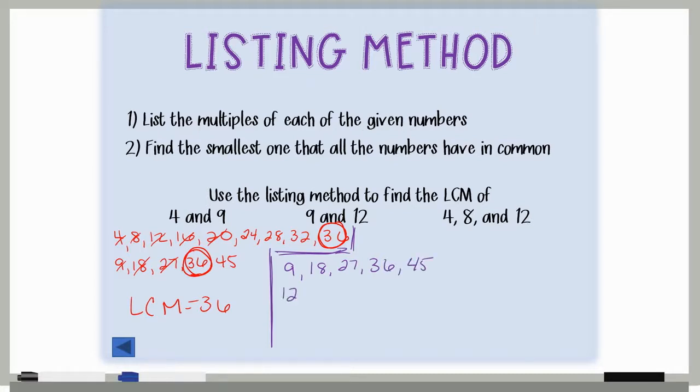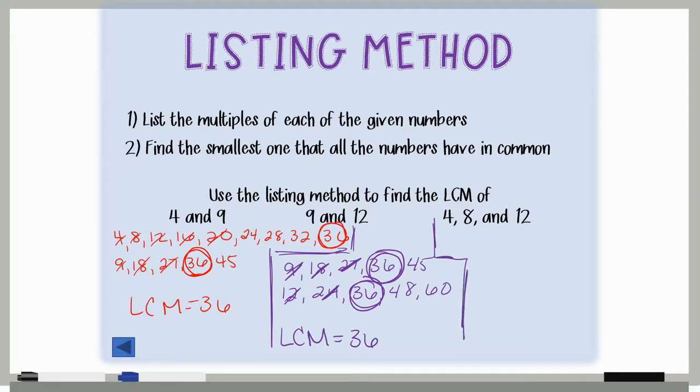And for 12, I have 12, 24, 36, 48, and 60. 9 doesn't work. 12, 18, 24, 27. But 36 does. So oddly enough, my first two answers actually have an LCM of 36.